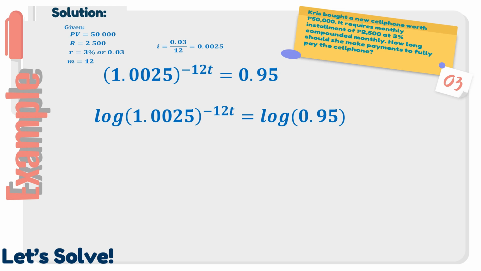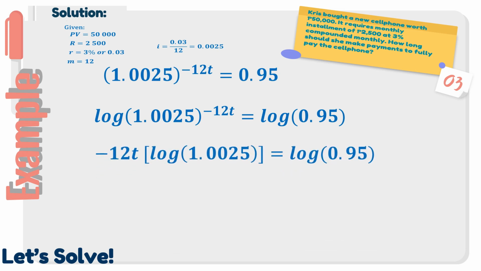In order for us to solve for the t, we're going to apply the property of logarithm, which is the power property. The left-hand side will become negative 12t times the log of 1 and 25 ten-thousandths. Then, solving for t, we're going to multiply both sides by 1 over negative 12 times the log of 1 and 25 ten-thousandths.